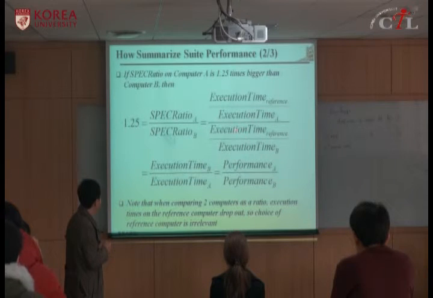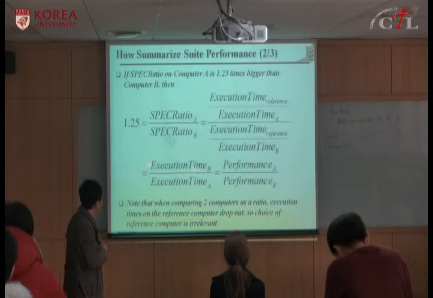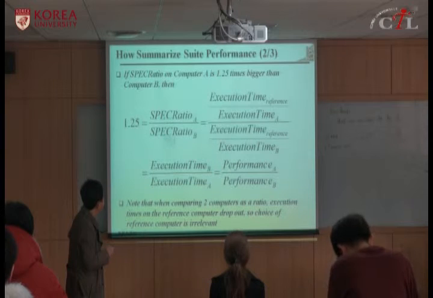If you do this calculation, the execution time of the reference will be cancelled out, and this one will be inverted. So execution time B over execution time A, which is actually performance A divided by performance B.